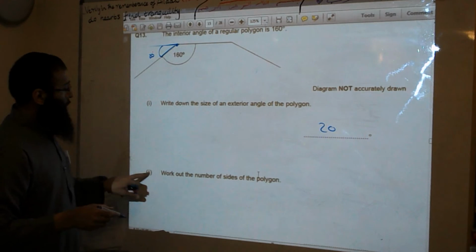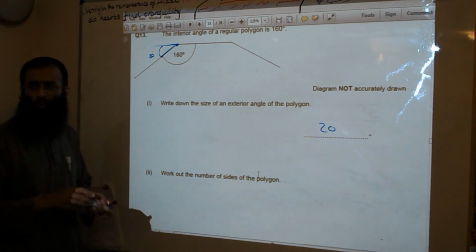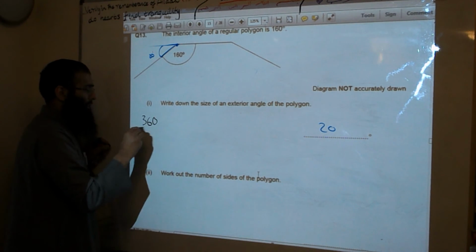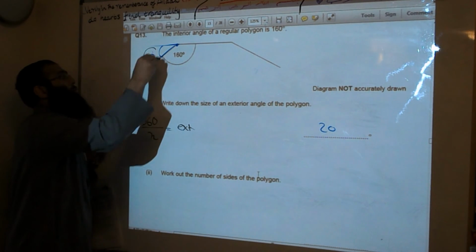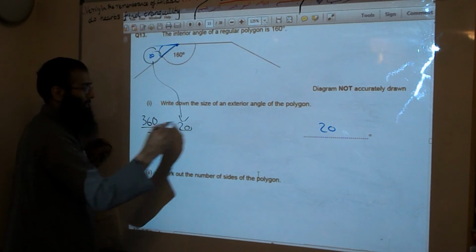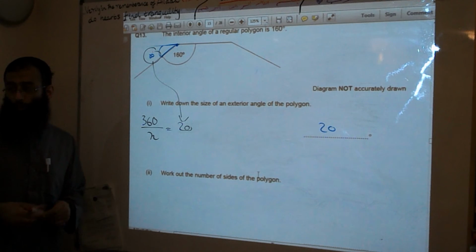That's the exterior angle. Work out the number of sides of the polygon. We know there's a connection between the external angles. We have 360 degrees divided by the number of sides gives you the external angle. External angle is 20, so we can replace that with 20. So 360 divided by n equals 20. Now we do this thing called cross multiplying.